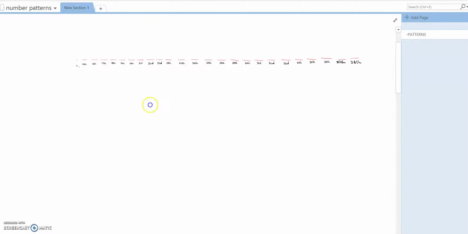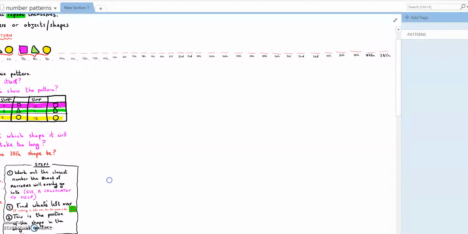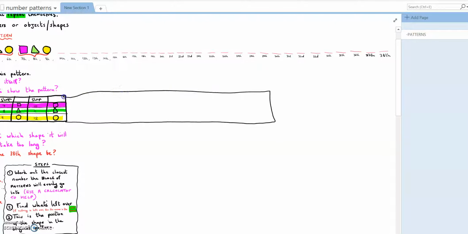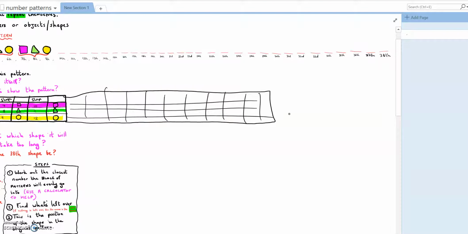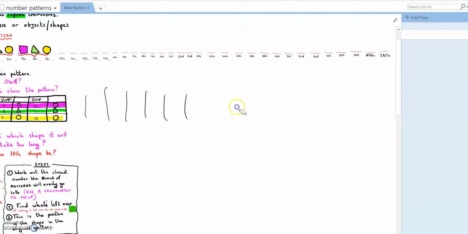Now you can kind of guess that using a table like we were doing, well, it's going to take a lot of table, a lot of drawing. It's going to take a long time. It's going to take a lot of work. So we need to consider, is there going to be a quicker way of doing this? Because that table, no way. I'm getting rid of that. That's gone. I need to look at this and think, is there a quicker way of helping me to figure out what the 38th shape will be?